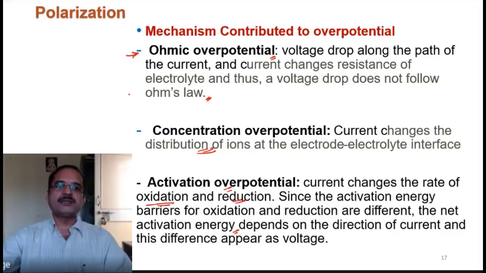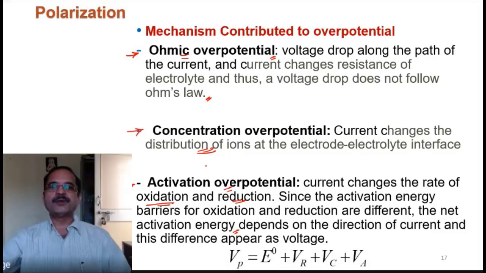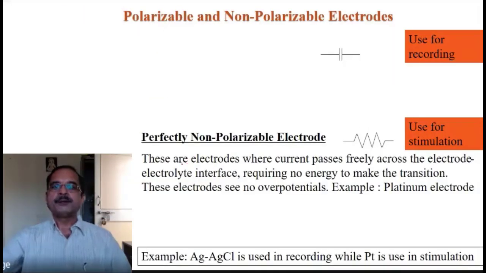So these are the three causes for this polarization: ohmic loss, distribution of ions, and the activation over potential due to oxidation and reduction. This total over potential is because of all three factors: ohmic loss, concentration over potential, and the activation over potential.